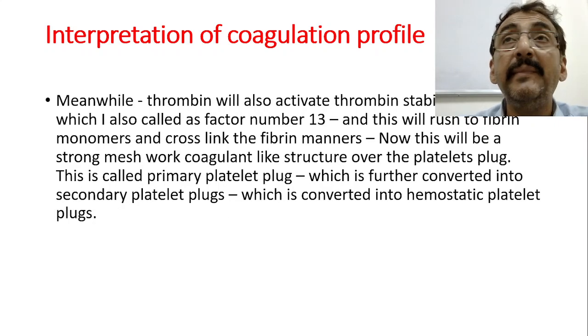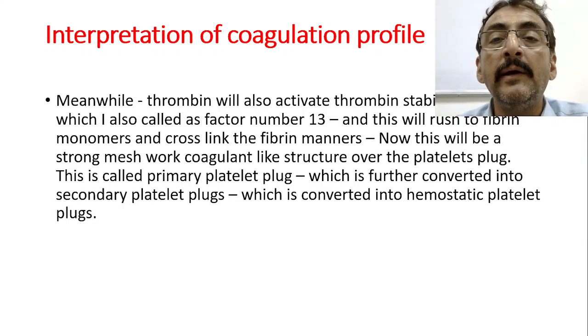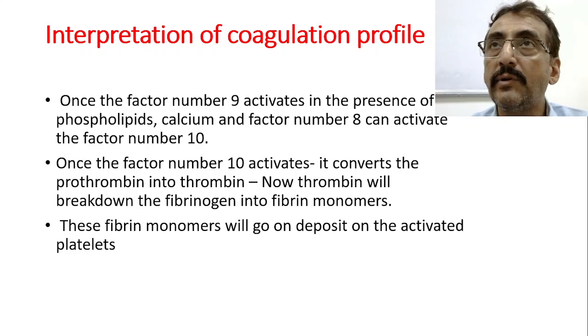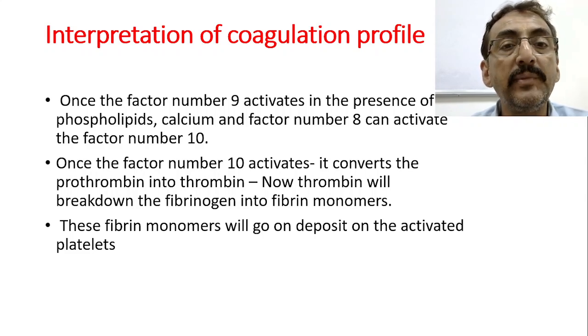Meanwhile, we know that thrombin is formed, isn't it? We are talking about the intrinsic pathway. Once factor number 10 is activated, it converts prothrombin into thrombin, and thrombin will break down fibrinogen into fibrin monomers.